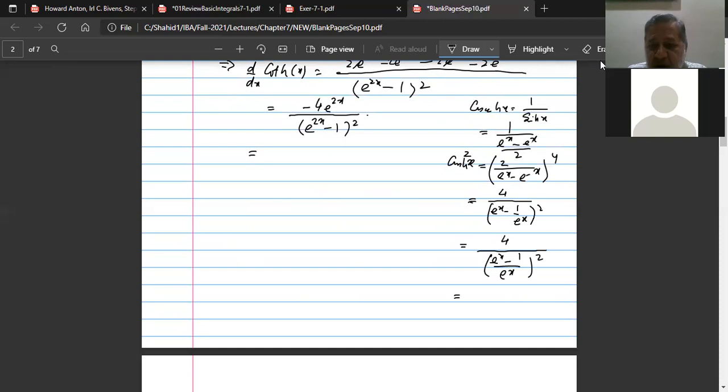E power x goes above with power 2, so 4 e raised to power 2x divided by e power x minus 1 raised to power, sorry, when I took the LCM this becomes 2x.